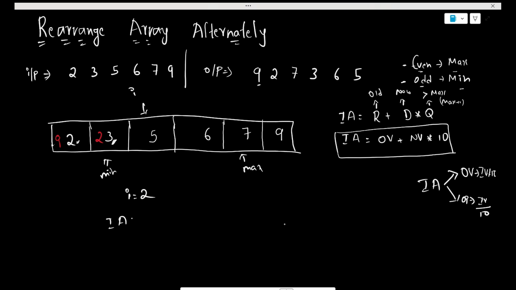Intermediate answer is equal to old value, which is 5, plus what's the new value which is pointing to the max? So 7. 7 into 10, that is 75. That's it.